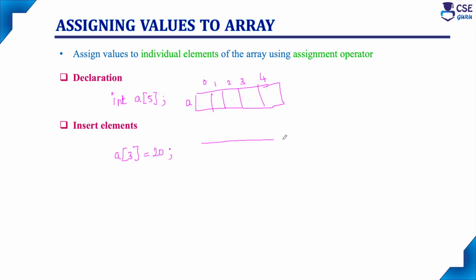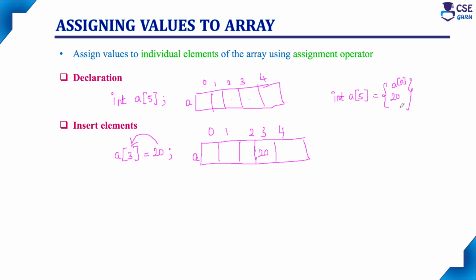So what will happen? In the memory, it will leave the remaining memory locations, and only the value assigned to that particular location will be inserted. In array initialization, suppose you have entered 20 here, it will be assigned to A of 0 only. If you assign only one value, it will be assigned to A of 0, not A of 3.